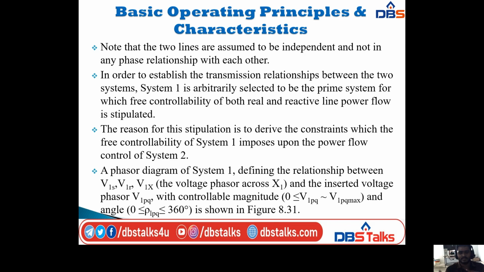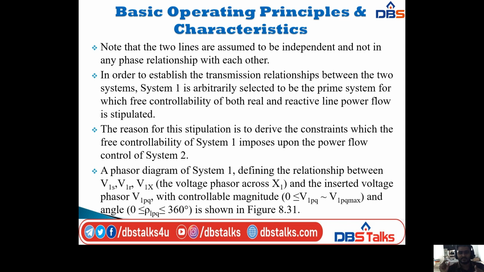So in order to establish the transmission relationships between the two systems, system 1 is arbitrarily selected to be the prime system, for which free controllability of both real and reactive line power flow is stipulated. Next, the reason for this stipulation is to derive the constraints which the free controllability of system 1 imposes upon the power flow control of system 2.